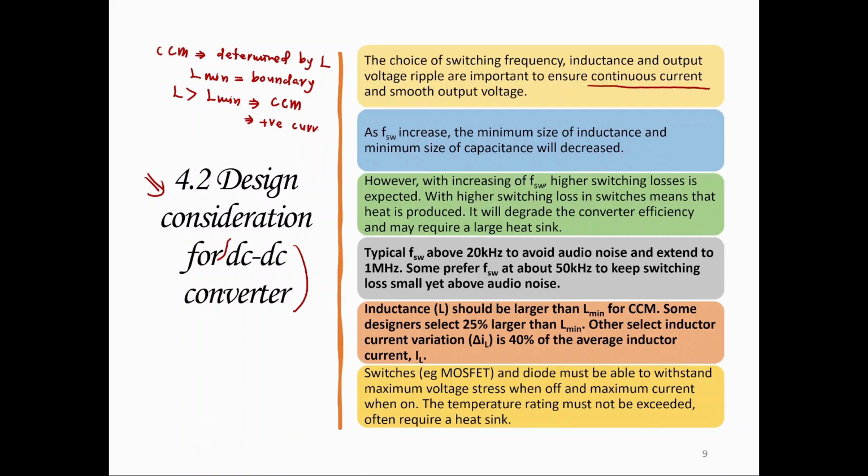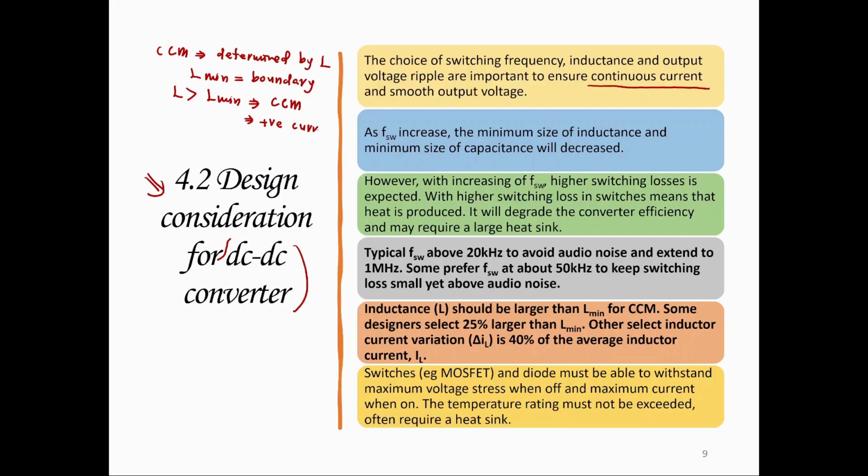So you can substitute the value of your capacitor and make sure that when you test it in the simulation, you'll be able to get rid of the fluctuation at your output voltage.